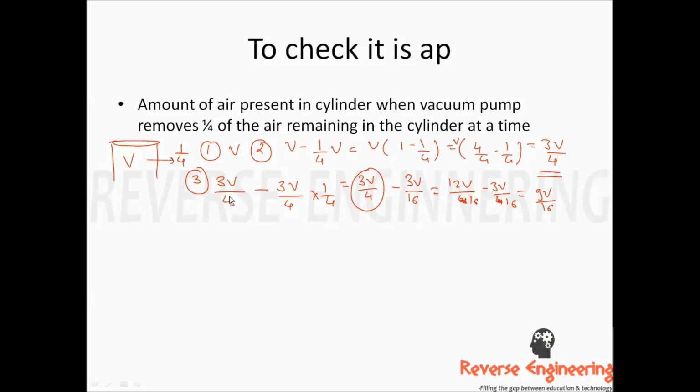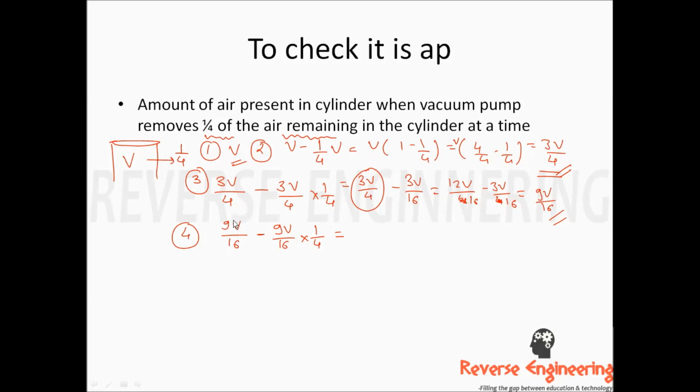So this is the first answer, this is the second answer, this is the third answer. When we repeat the process again, the volume remaining inside the cylinder will be 9V by 16 minus 9V by 16 into 1 by 4. Why are we doing 1 by 4? Because we want to remove 1/4 of the volume remaining before.